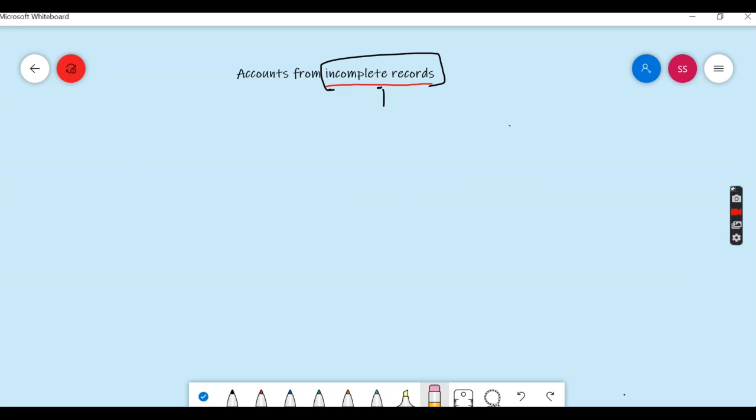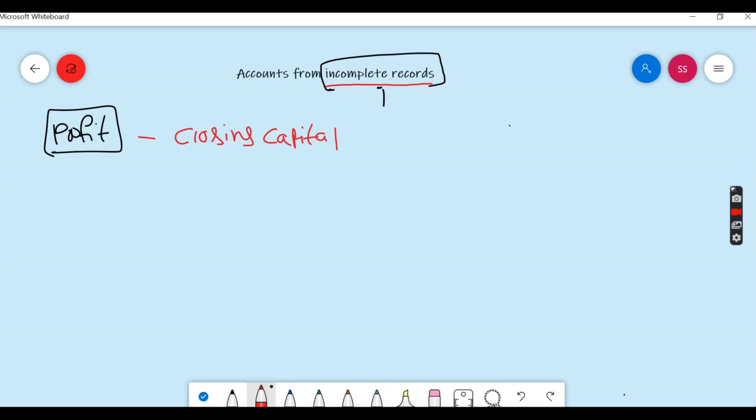Okay, but there are some scenarios. They might not give the closing capital, or they might not give the opening capital, right? So to find out the profit, we know our format starts with the closing capital and ends with the opening capital.